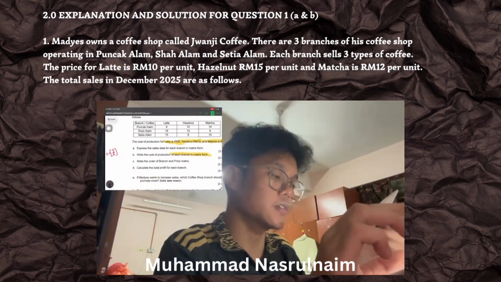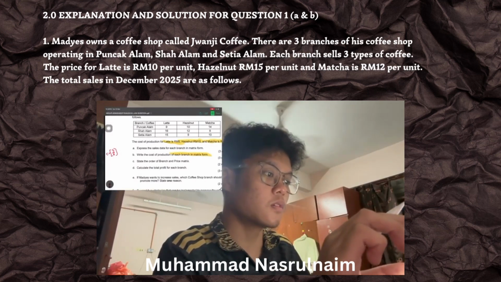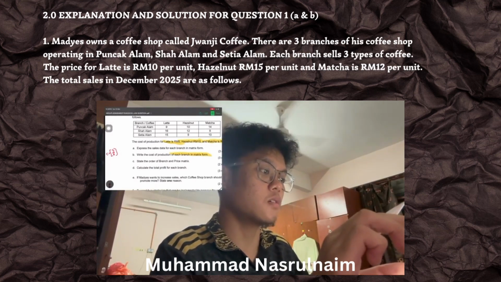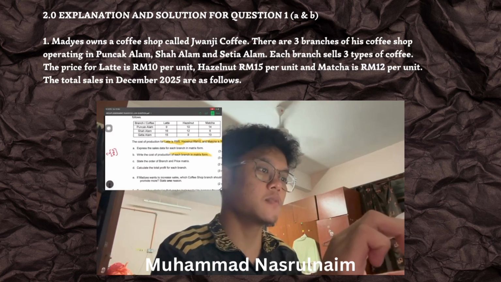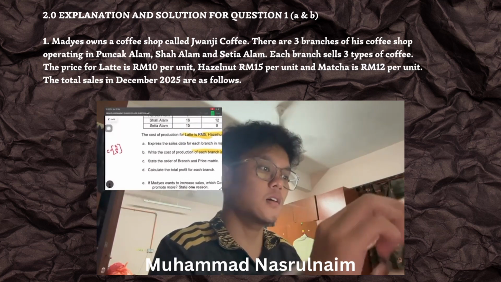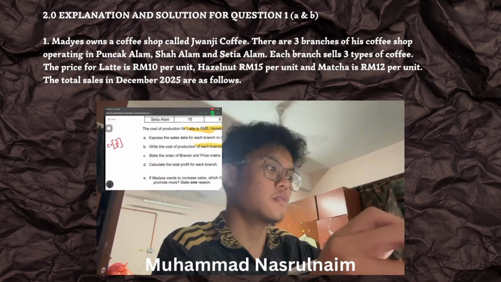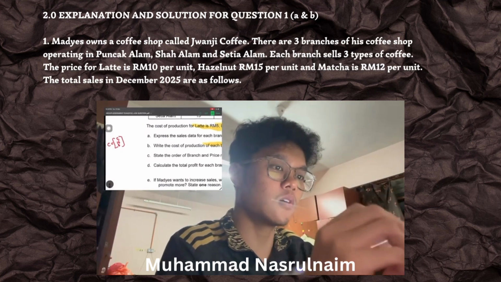To find the total cost of each branch, Puncak Alam, Shah Alam and Siti Alam, the sales matrix is multiplied by the cost matrix.